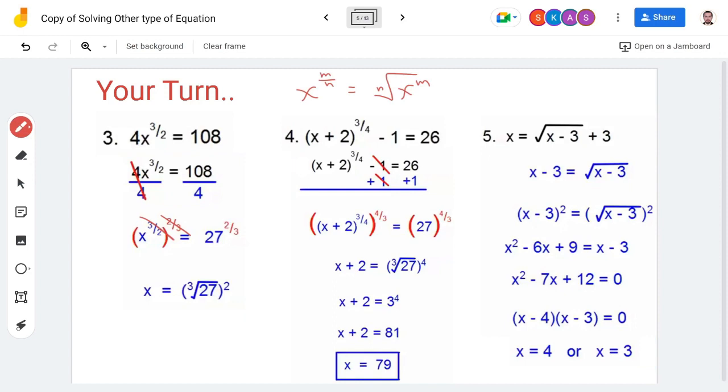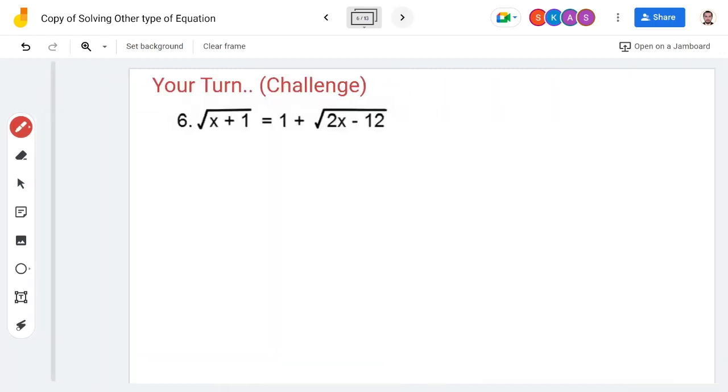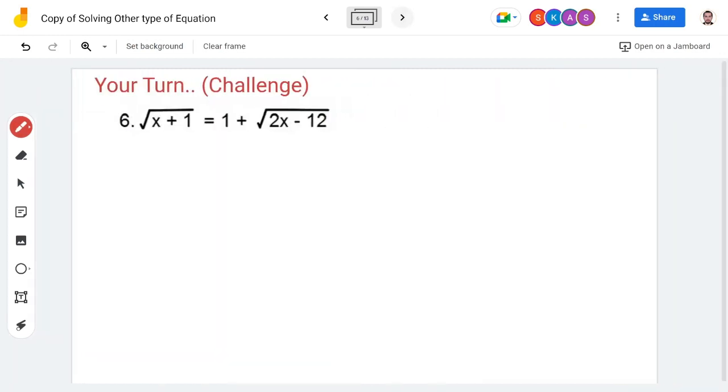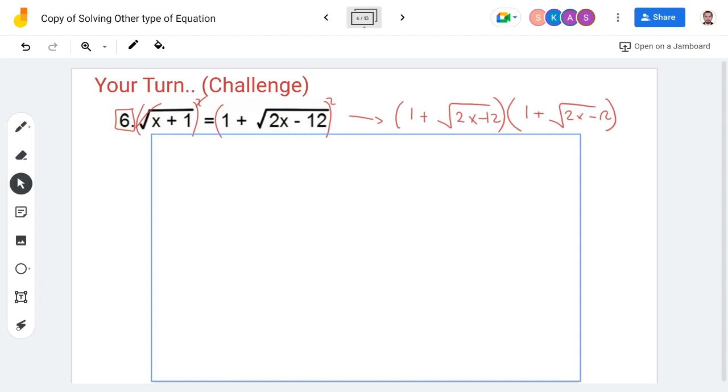Okay, now let's continue. Try to solve this one. This question is more challenging. You have to square both sides. But if the second side has something like 1 plus something, you can't just remove the square with the square root.